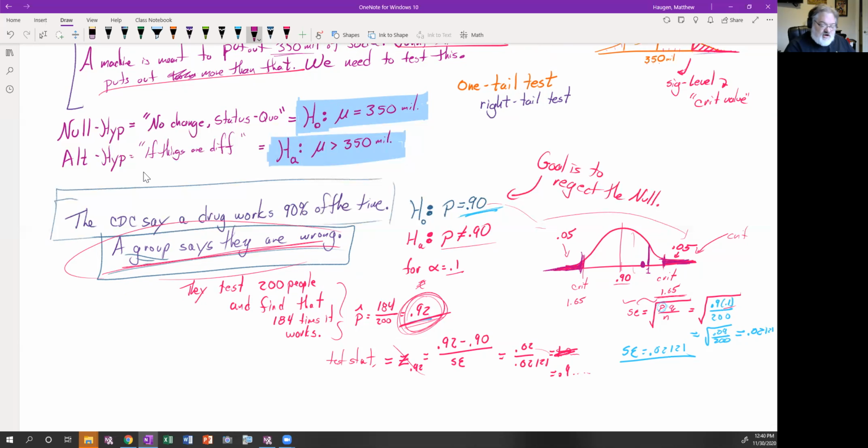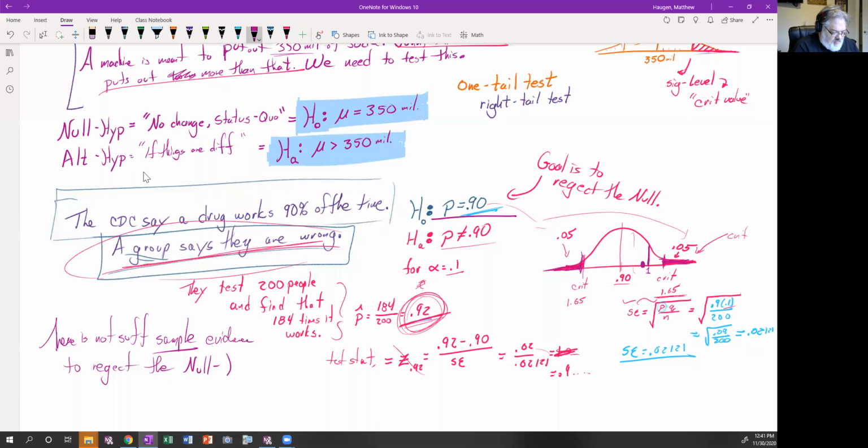So, is there enough evidence to reject that hypothesis? No. So we would say there is not sufficient sample evidence to reject the null hypothesis.